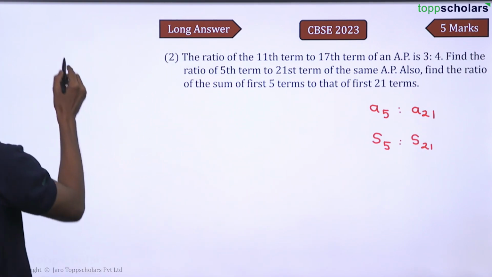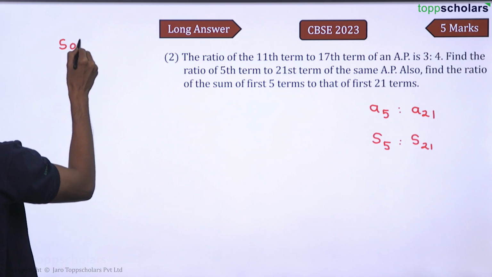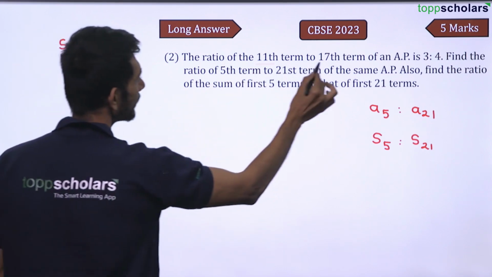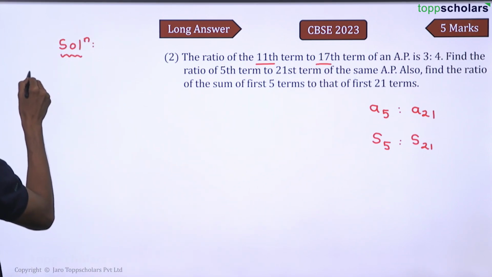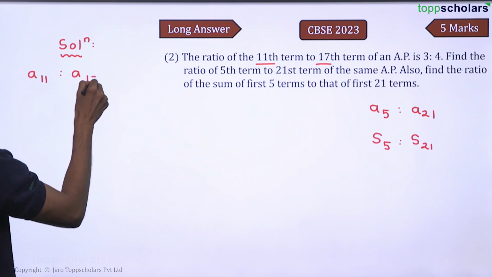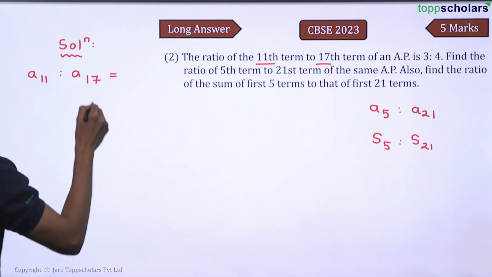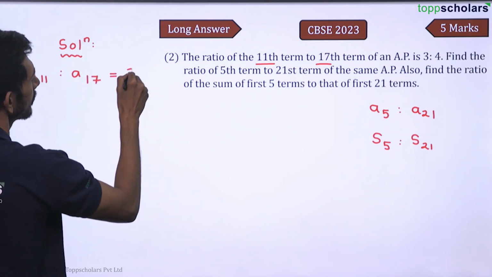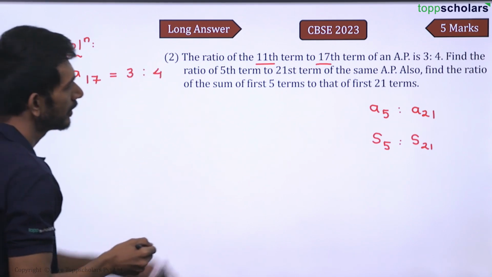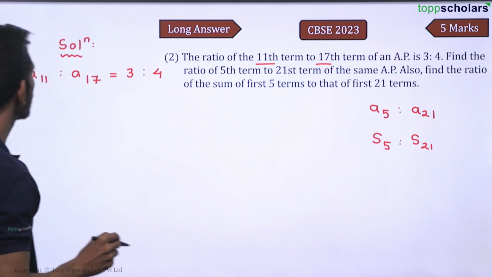Let's begin with the solution. Let's see what is given. It is given that the ratio of the 11th term to the 17th term, A11 is to A17, is 3:4, right? So let us solve this first.